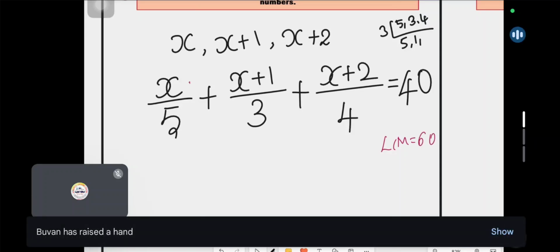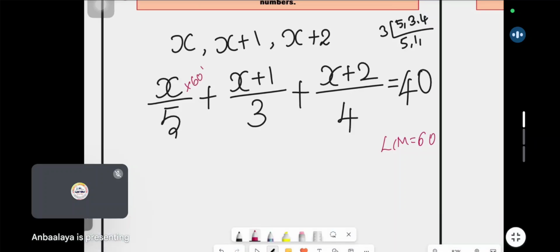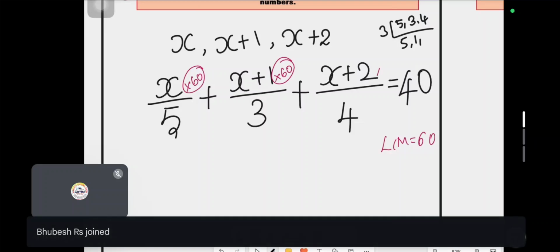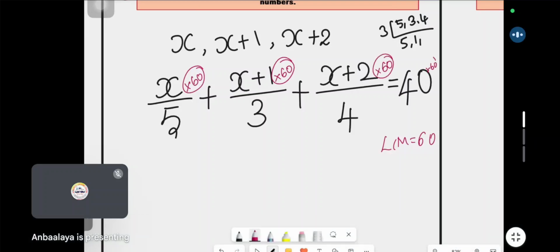After finding the LCM, multiply the LCM with each and every term. x into 60 by 5.